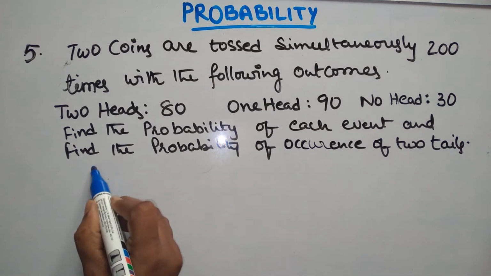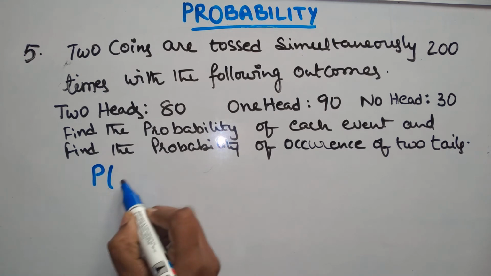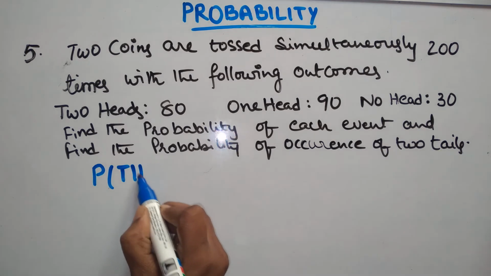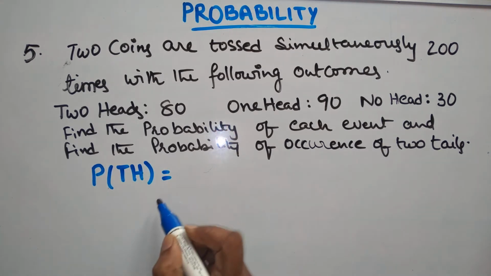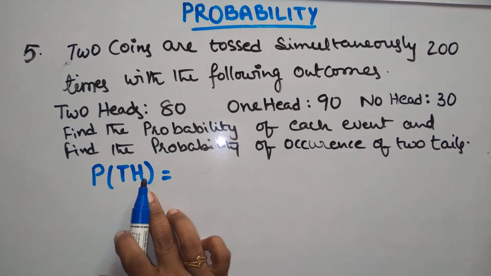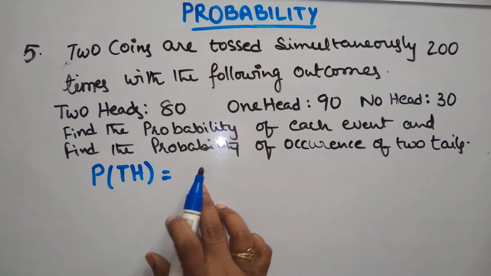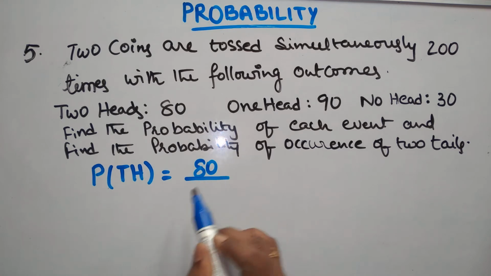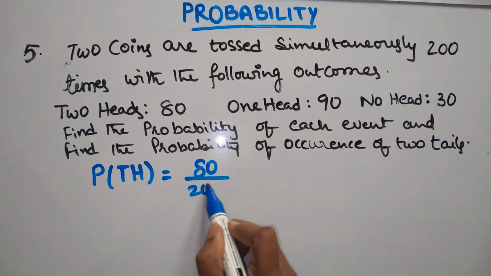So probability of occurrence of 2 heads is equal to the number of times 2 heads occurred, that is 80, by total number of trials, that is 200.